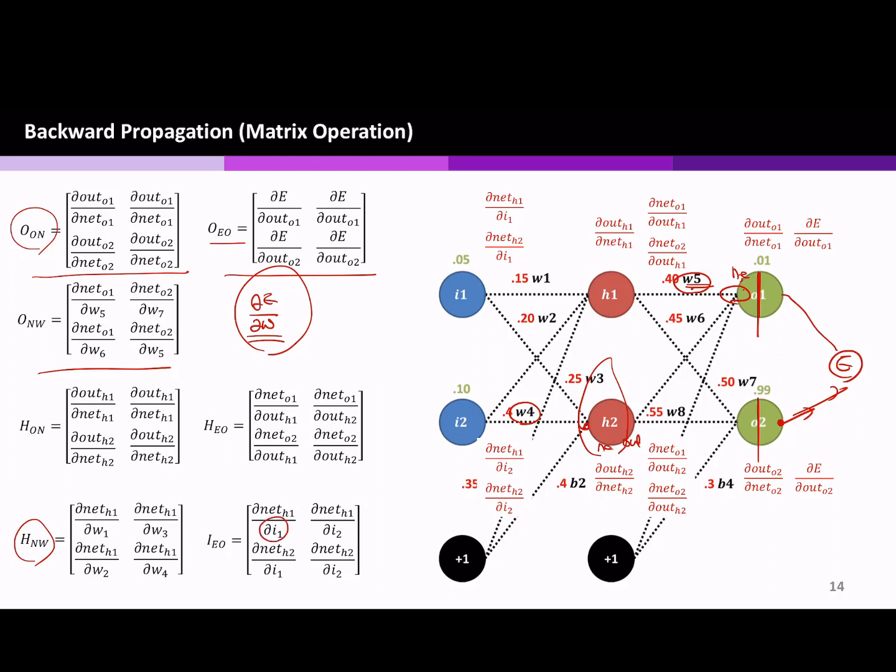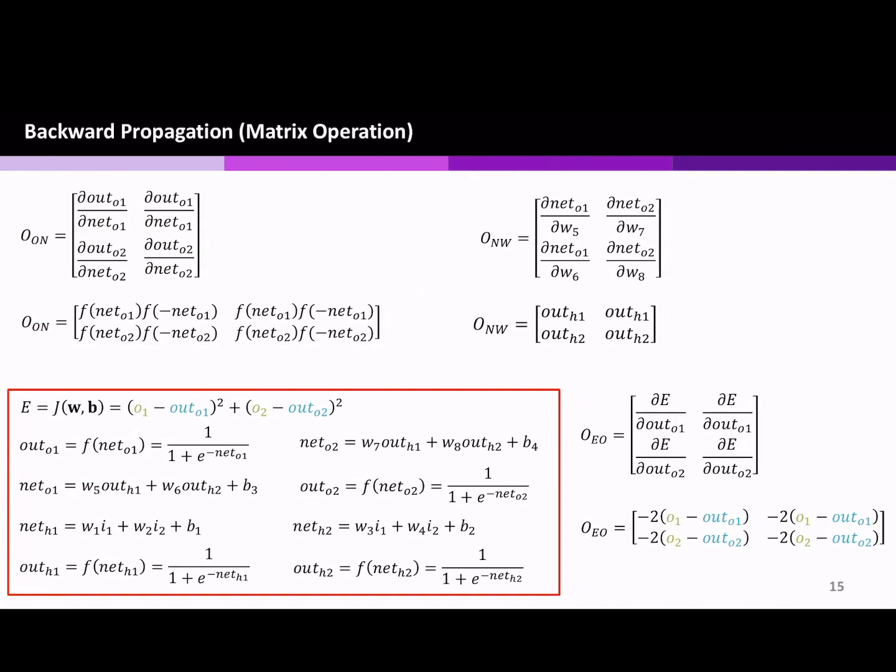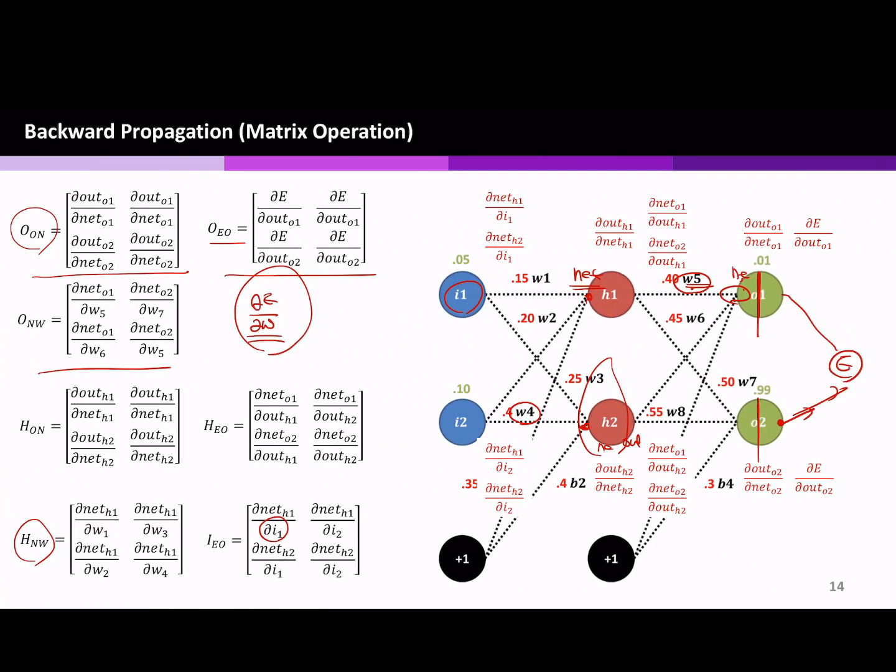Here's I1 and then here's the net value. Basically we used all these 7 matrices for computing all the partial derivative values.